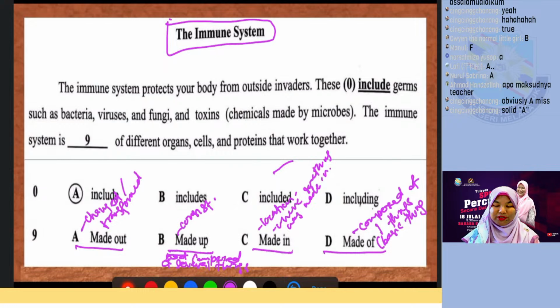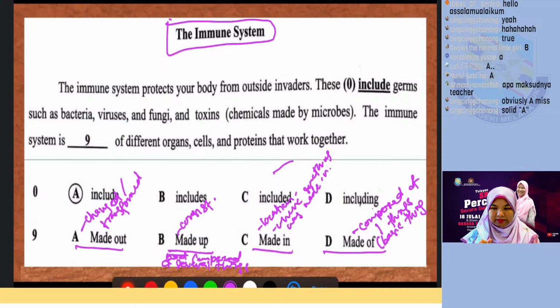And we use made up if we want to say that sesuatu tu dibuat ataupun dicipta dengan menggabungkan beberapa komponen, beberapa perkara.